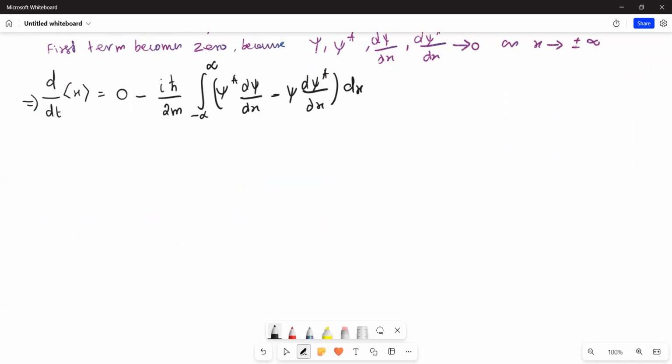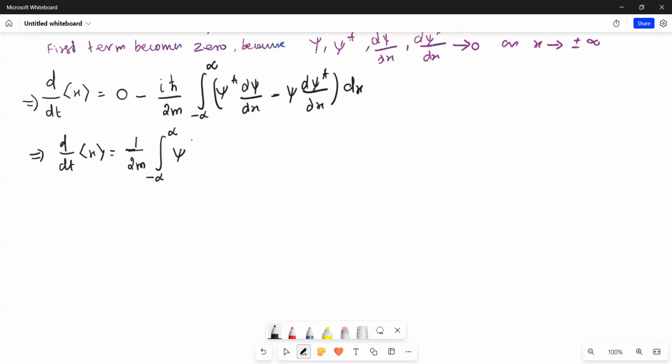Okay, let me continue the simplification for this. d by dt of the expectation value of x is nothing but minus. Please think about the simplification on this. Consider 1 by 2m only, and the integral over minus infinity to plus infinity.